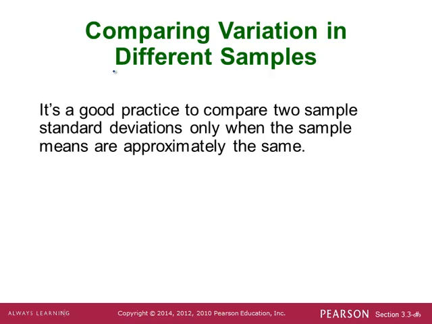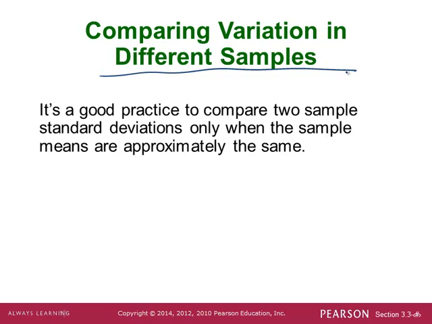Now, we know how to calculate standard deviation. It might be tempting to compare standard deviations between two data sets, but be careful. It might be appropriate if you have two data sets with the same mean and the same sample size.